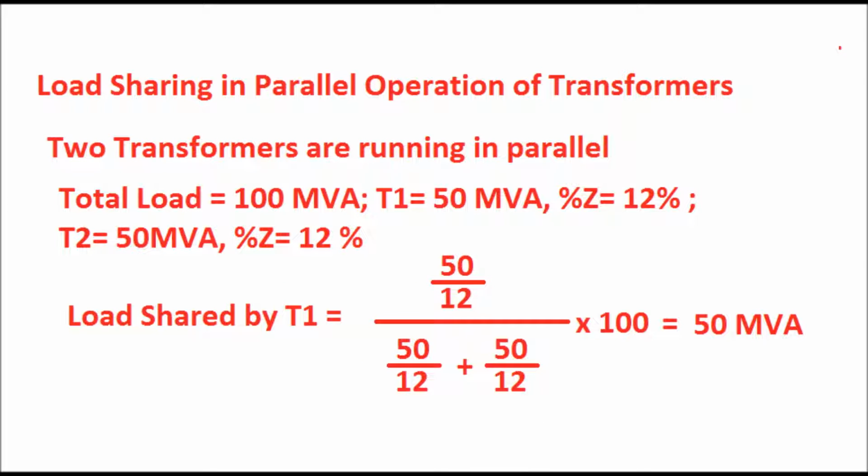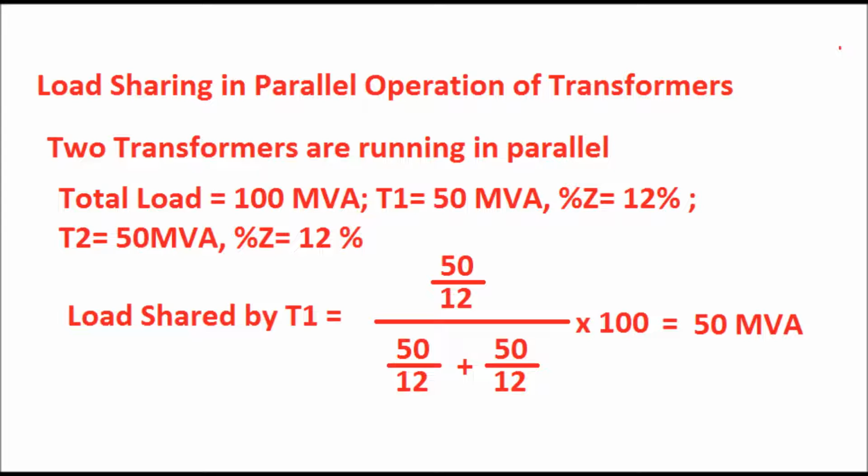Now let us take an example. The total load is 100 MVA, and transformer 1 has MVA capacity 50 MVA with percentage impedance 12%, and transformer 2 has MVA capacity 50 MVA with percentage impedance 12%. That is, the MVA and percentage impedance of the two transformers in parallel are the same.